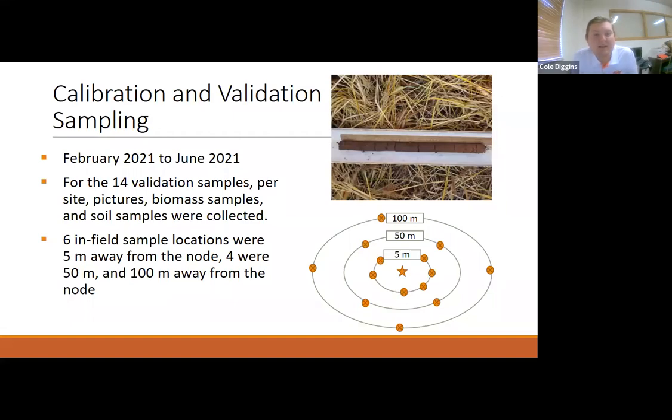The samples were then taken and divided into 0 to 5, 5 to 10, and 10 to 40 centimeters in depth. And then the volumetric water content of those subsamples was analyzed and used to calculate our soil volumetric water content based on some work done in some of the earlier papers like I discussed.